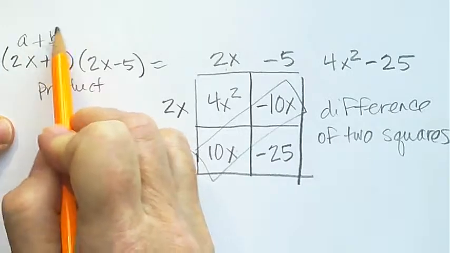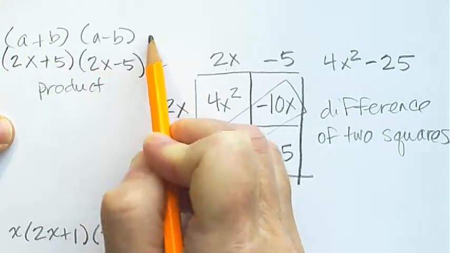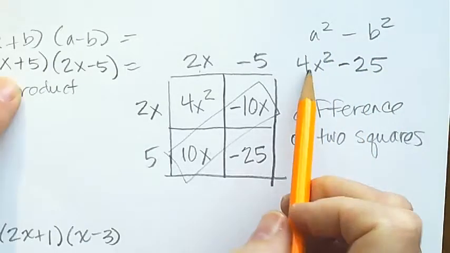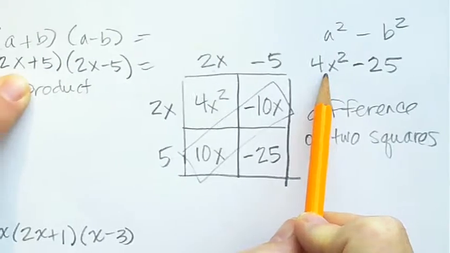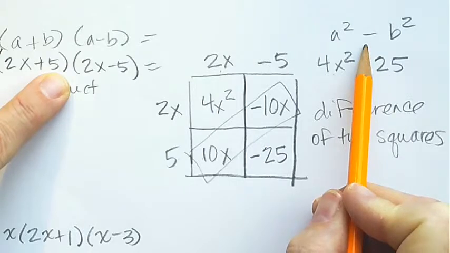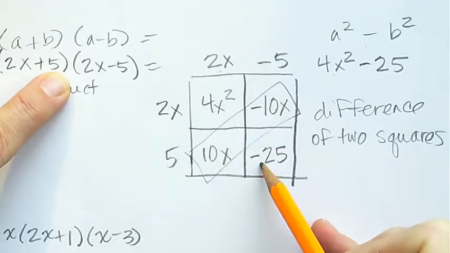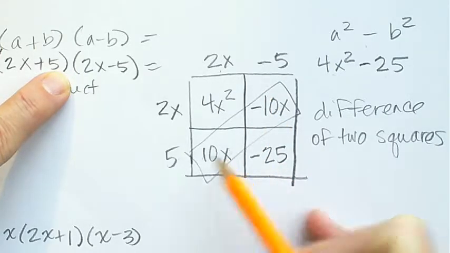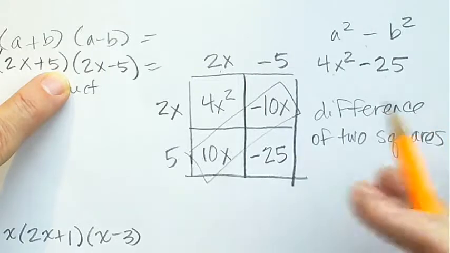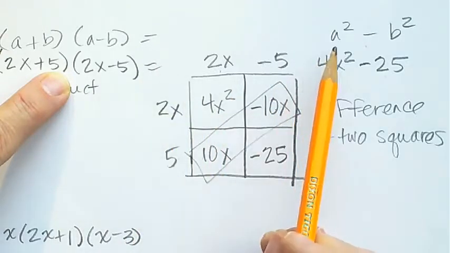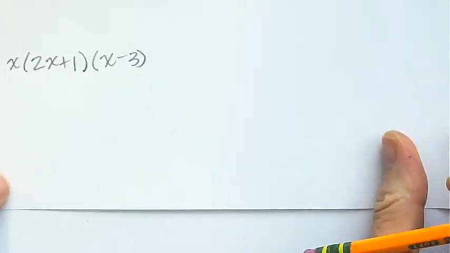This is a plus b times a minus b, and it always equals a squared minus b squared. See how 2x squared is 4x squared? And 5 squared is 25, and it will always be a minus because the positive times the negative is always going to give you a negative, and these two terms are always going to cancel each other out. So after we cover this pattern, I will not do the area model. I'll just say, oh, I know that's going to be a squared minus b squared. And you'll be a little ahead of the game if you've got that figured out.